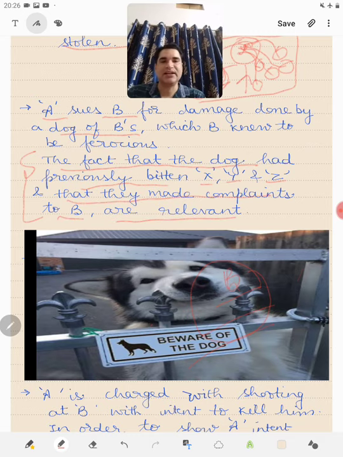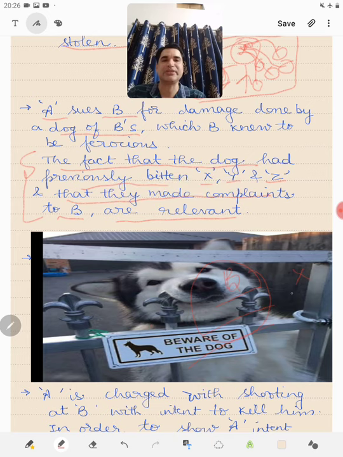So on an earlier occasion X was bitten, he also made a complaint to B. Y was bitten, he also made a complaint to B. Z was bitten, he also made a complaint to B. So B had this knowledge that his dog is ferocious, and yet he did nothing to stop his dog, would be a relevant fact to prove that B had this knowledge.